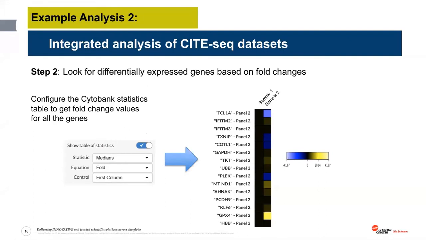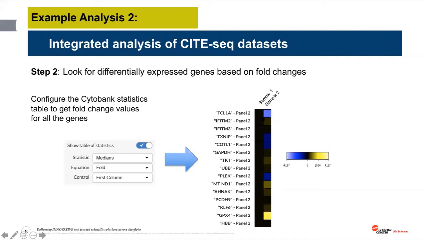Now you want to compare gene expressions on B cells between different samples. If we have 2 samples in this particular data set, you can generate a heat map. Again, the columns are the samples and the rows are the different genes. We color code this heat map based on log fold change values, and you can get log fold change values easily in Cytobank by using the Cytobank statistical table function.